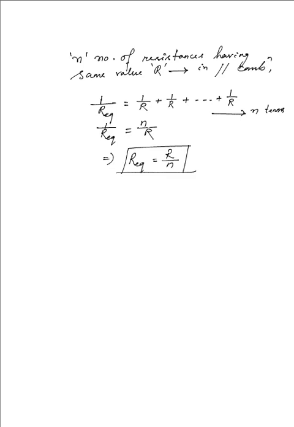Now if you observe, this equivalent resistance is less than the resistance of the individual resistor or the resistance of the individual conducting wire.